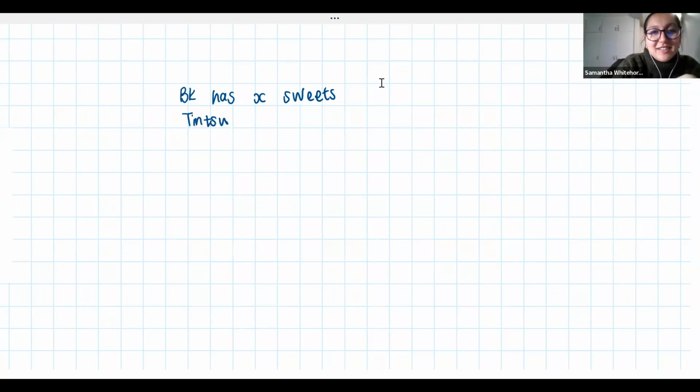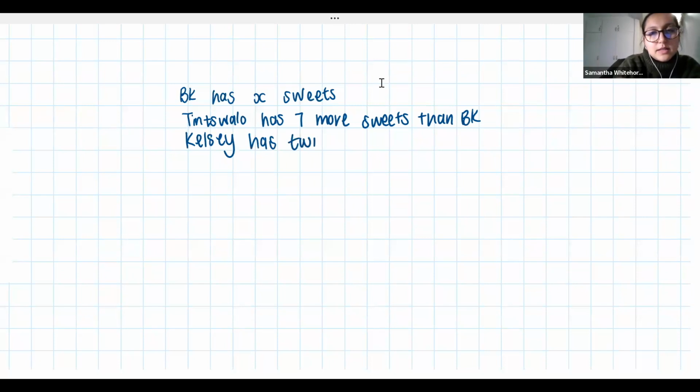Swallow has 7 more sweets than BK, and then Kelsey has twice as many sweets as Swallow.